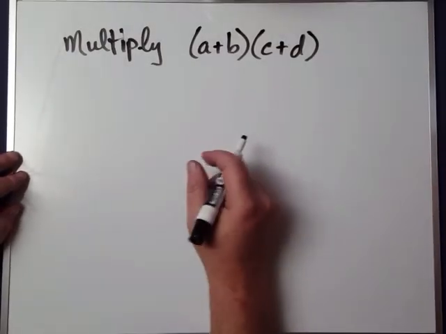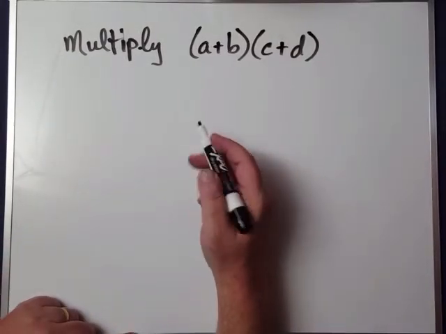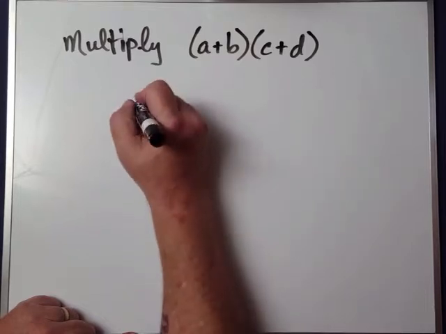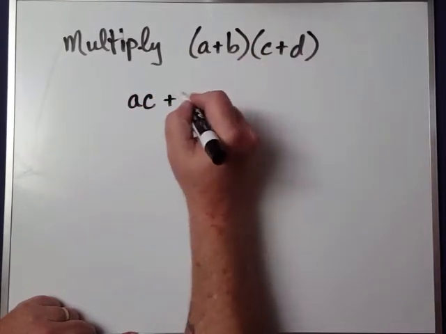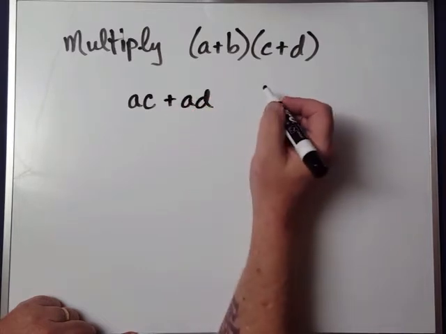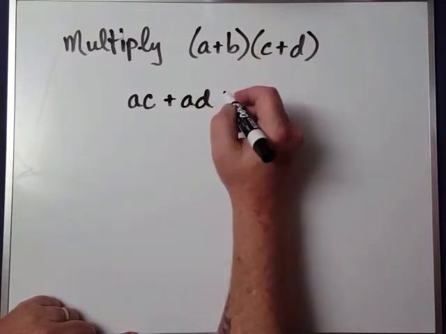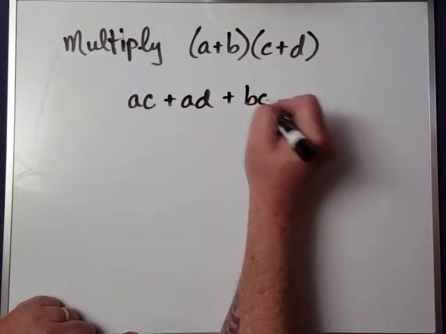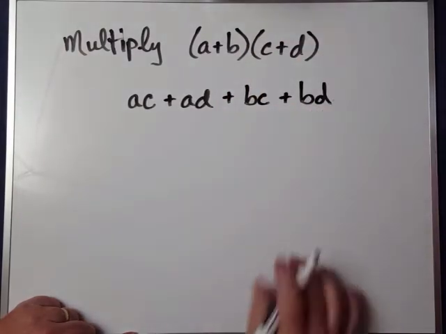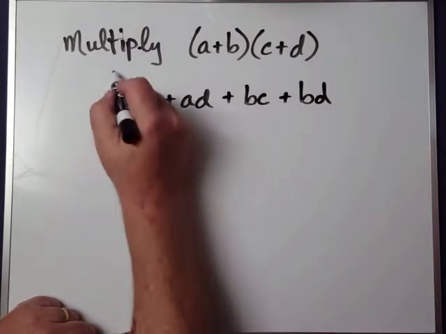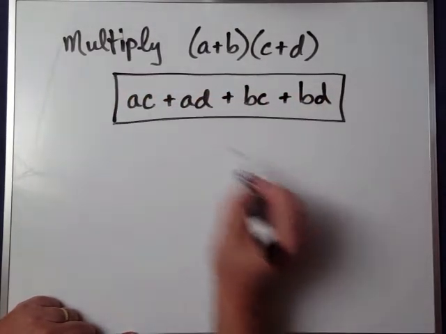If I'm going to multiply 2 binomials, I can use FOIL. The first, A times C. The outside plus A times D. Product of the inside plus B times C. And product of the last plus BD. None of those are like terms, and so there's my answer.